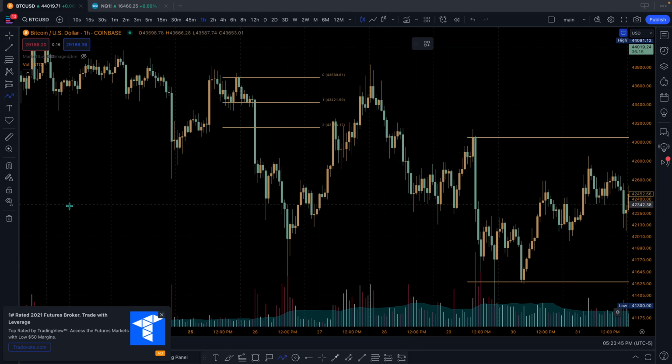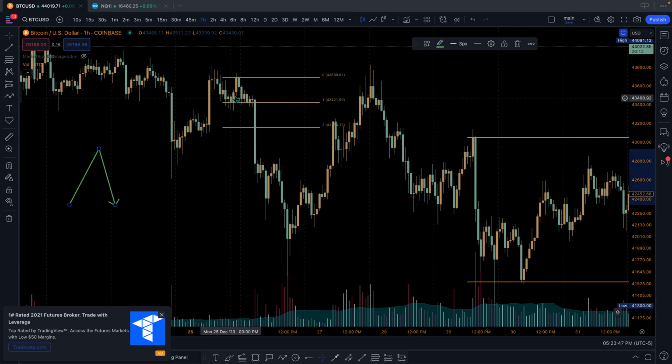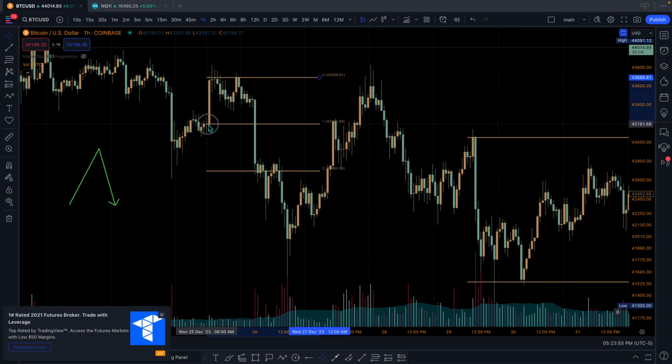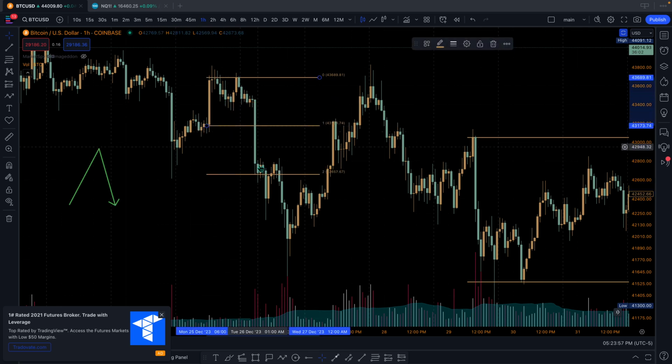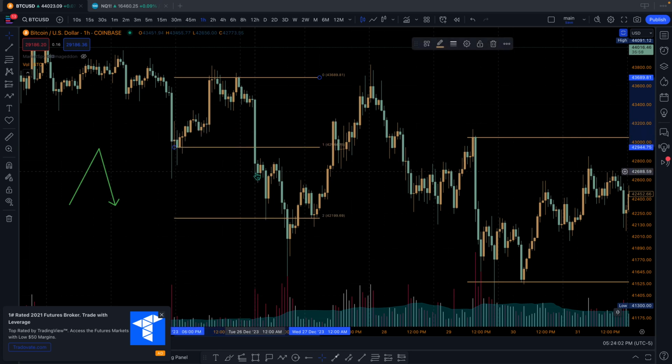That's that V. Up, down, break it, expect 1-to-1 minimum, or expect 1-to-1. It did, okay? And then once that broke, it gave you this measured move, okay? And then as long as we don't close inside here, we have this measured move. But you see how they build? They build on top of each other.